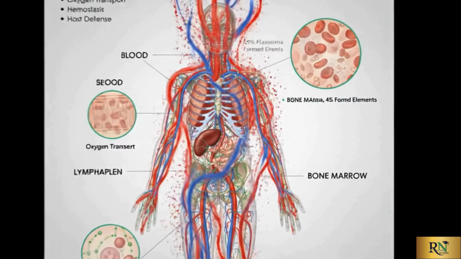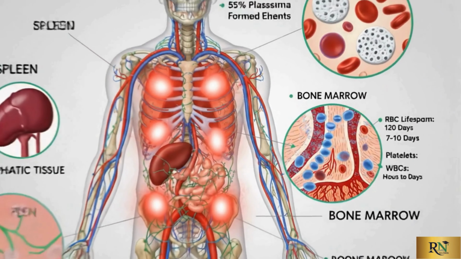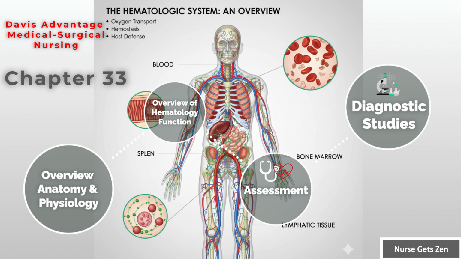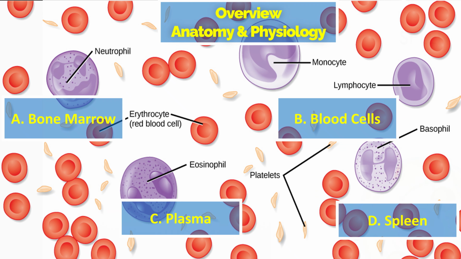The hematologic system performs 3 crucial functions: oxygen transport, hemostasis, and host defense. So now we are at an overview of anatomy and physiology. So let's do a quick introduction before I go into more detail.